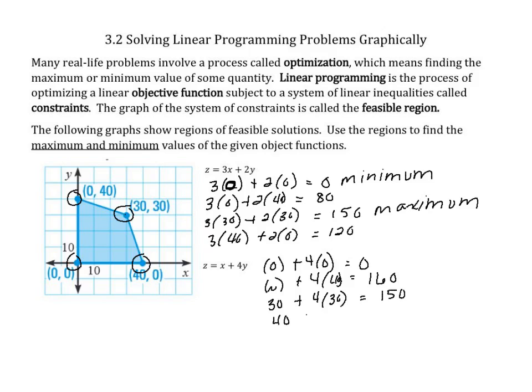And 40 plus 4 times 0 would give us simply 40. So again, the point 0, 0 is our minimum value. And the point this time, also 0, 40 here, also resulted in our maximum value.